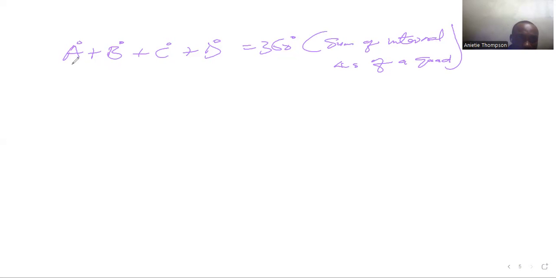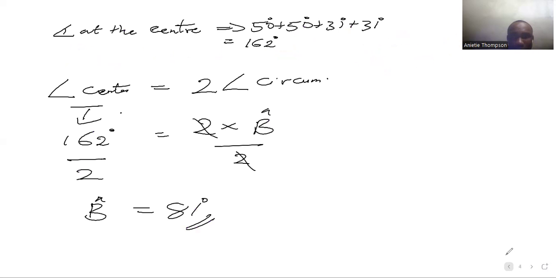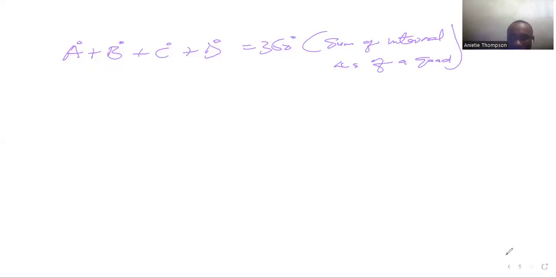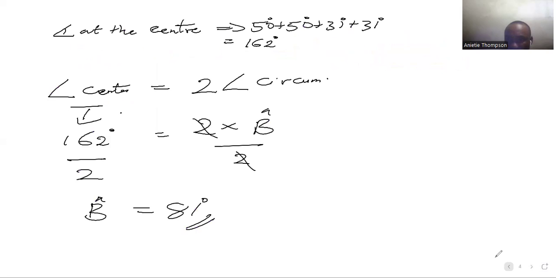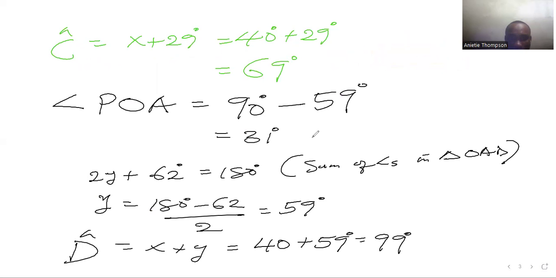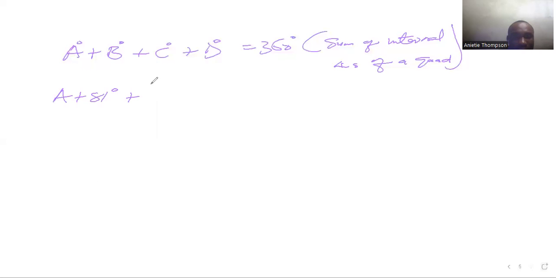And this A is what we want to obtain right now. Since angle B is 81 degrees, we have A plus 81 degrees plus C and D, 69 and 99, equals 360 degrees.